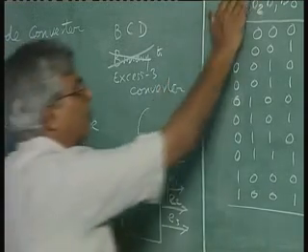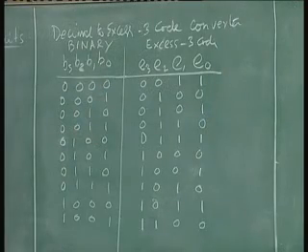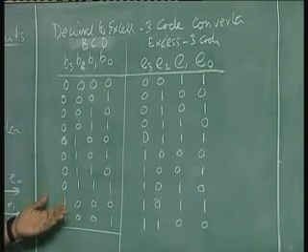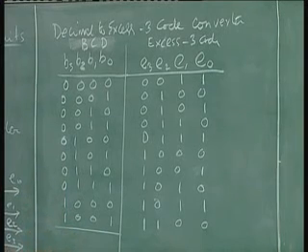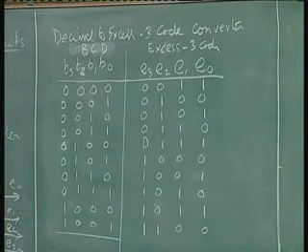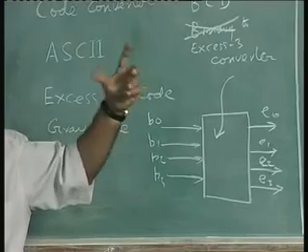So the BCD number and the XS3 number. B0, B1, B2, B3 have no possibility of getting values beyond 9, but since we have 4 inputs, I have 16 values in the truth table and a Karnaugh map with 16 cells.